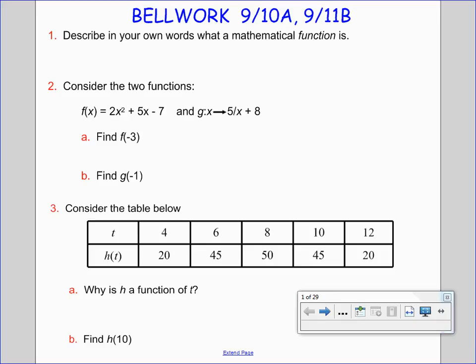So in our own words, what a mathematical function means is each input is paired with a unique output.